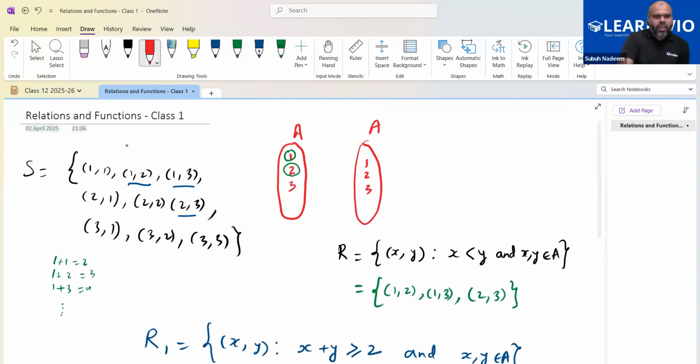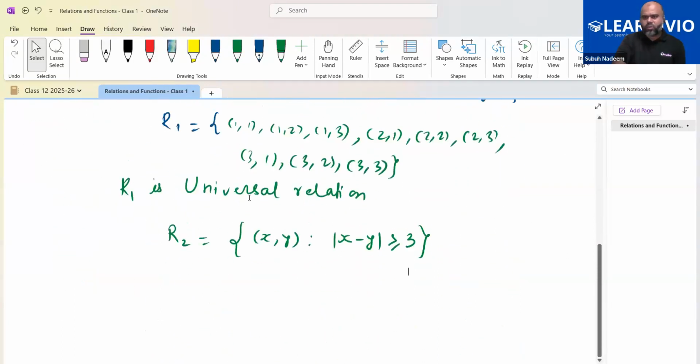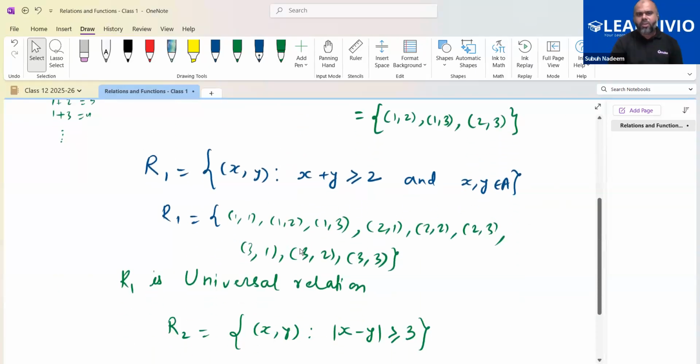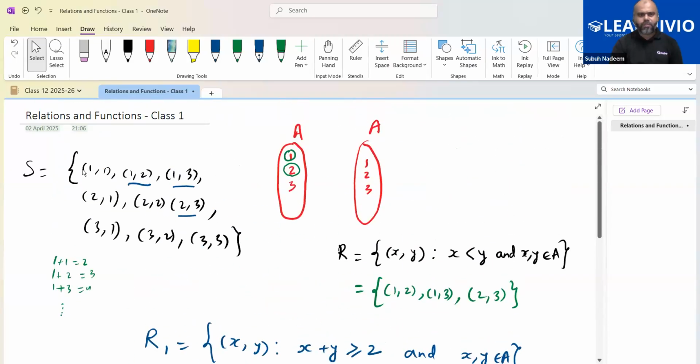So here, if you see 1 minus 1, it will be 0. It is obviously not greater than or equal to 3. 1 minus 2 is minus 1, and mod of minus 1 is 1. It is also not greater than or equal to 3. 1 is smaller than 3.